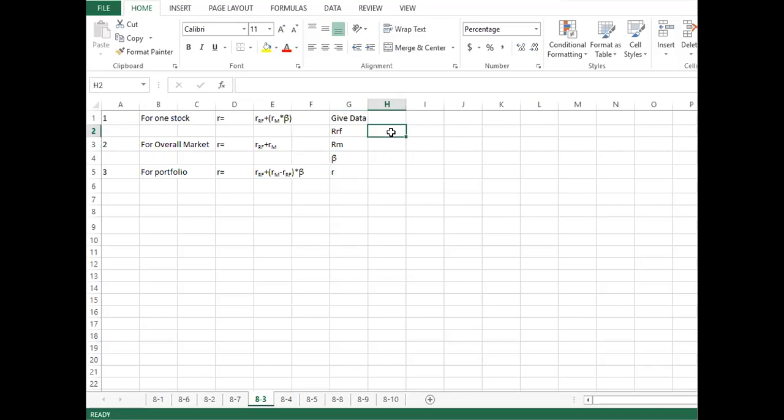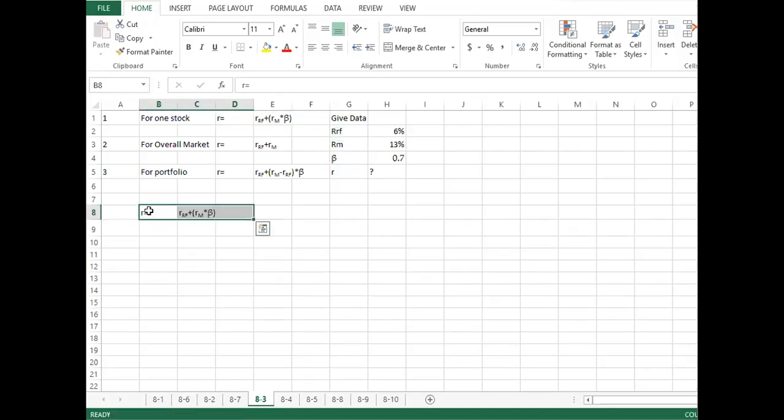So the given data includes risk-free rate of return, 6%, market return 13%, and beta is also given, which is 0.7, and required rate of return, we are going to calculate this one. And this problem is related to one stock.